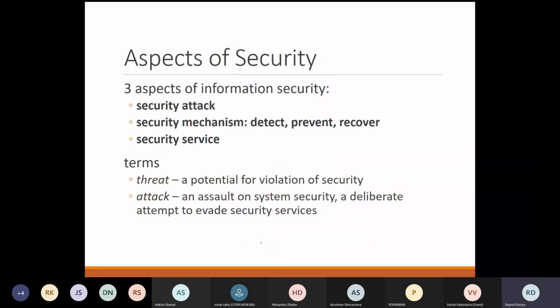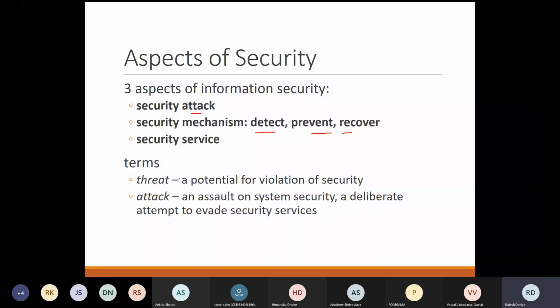There can be three aspects of information security. The first one is security attack. The second one is security mechanism, which can be detection, prevention, or recovery. And then the security services.